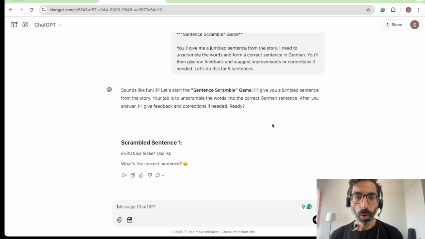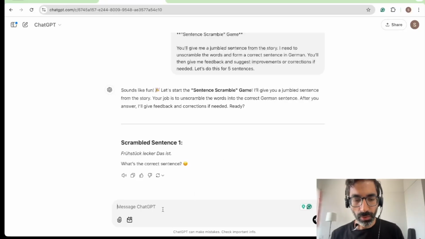All I have to do is unjumble it and frame the sentence with the right structure. This is important because as a beginner, you may not always understand how sentences are structured in German, so you can practice it in a fun and experiential manner.